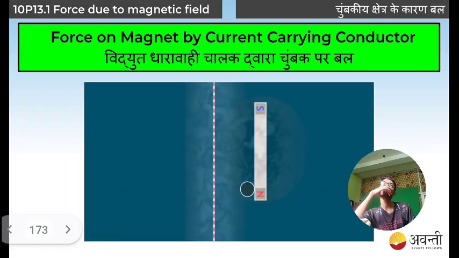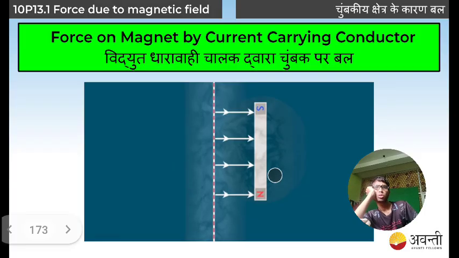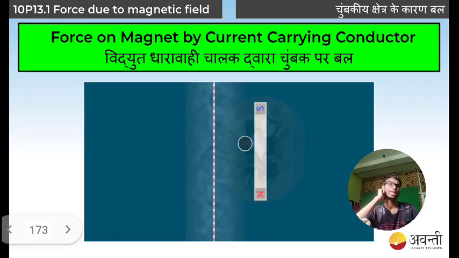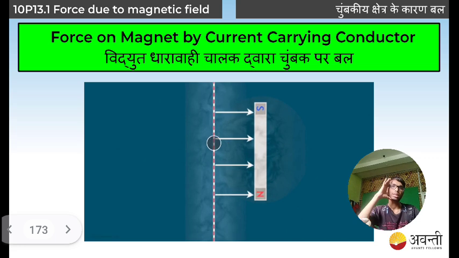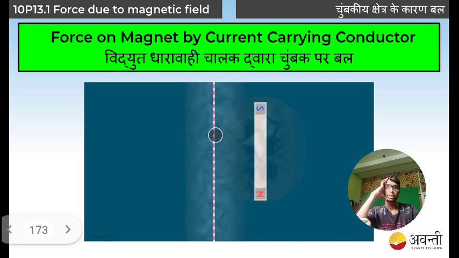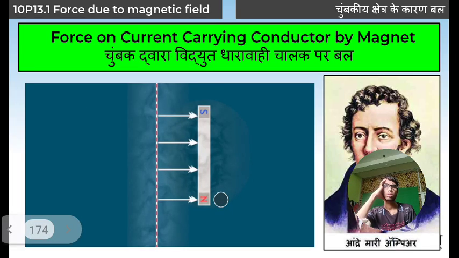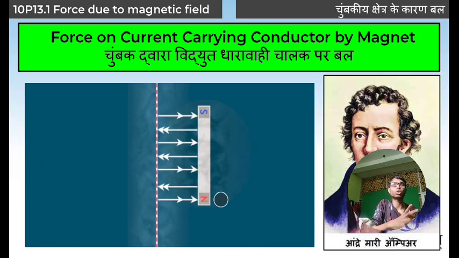Force on a magnet by a current carrying conductor. What is happening over here? It is giving more force to this. Is it happening? Yes, both are giving force to each other.